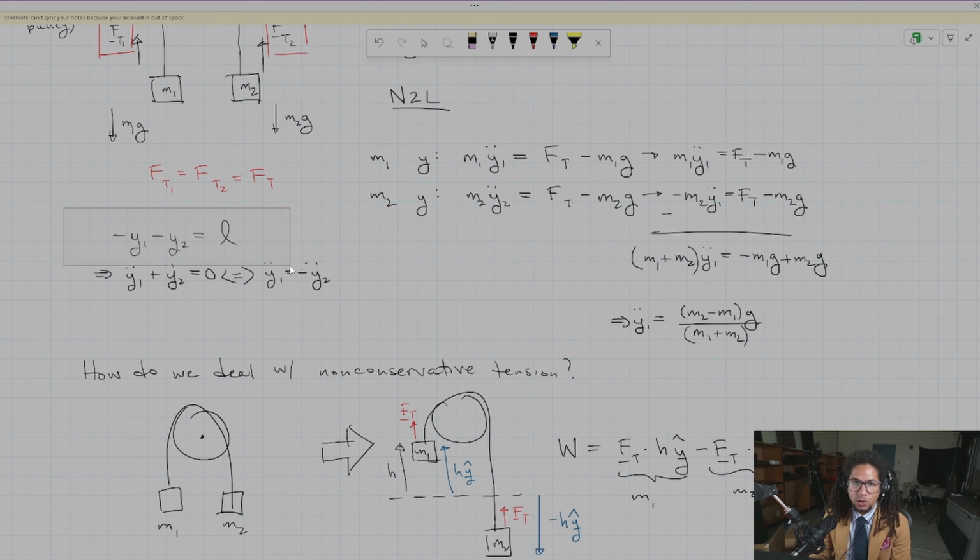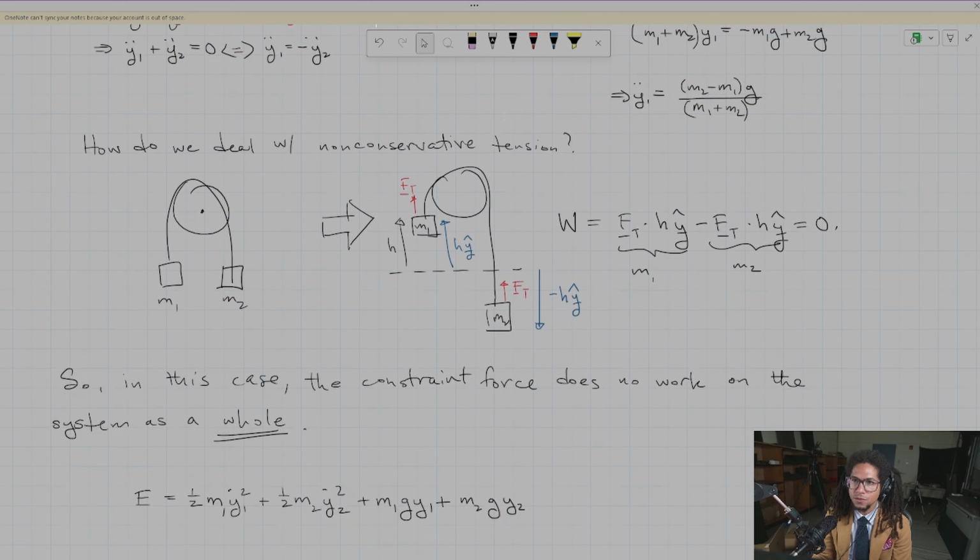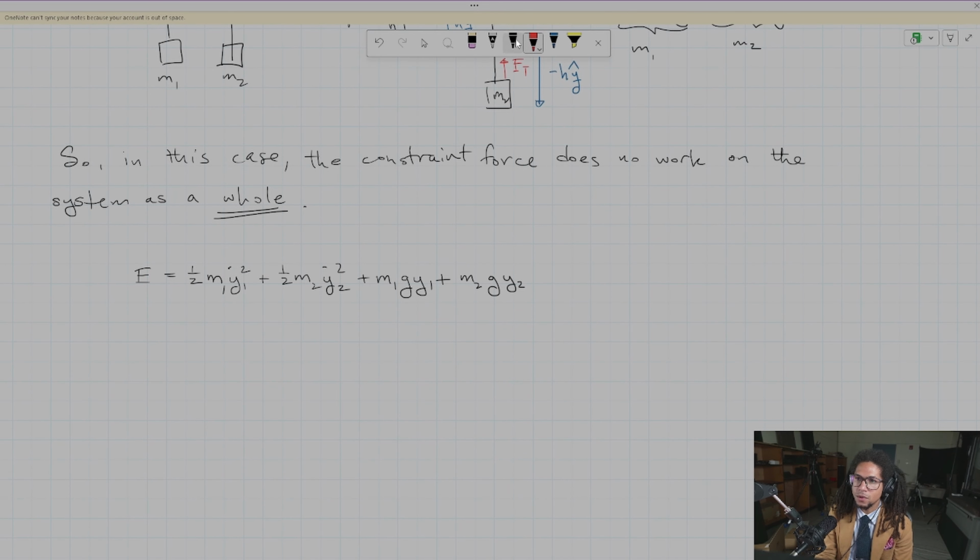The key is that we can use this equation to solve for y2 in terms of y1. This equation implies that y2, if I move it to the other side, is equal to minus y1 minus L. So I'm going to use y2 equals minus y1 minus L to say a couple of things.